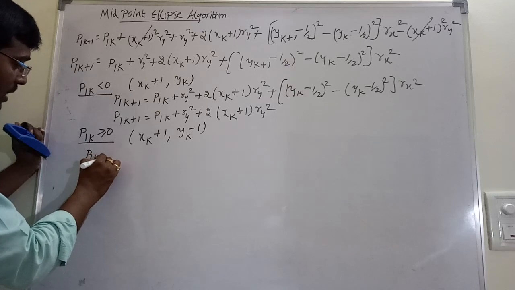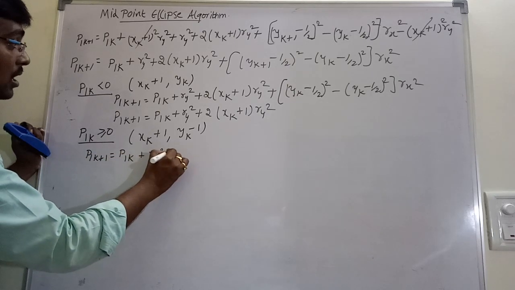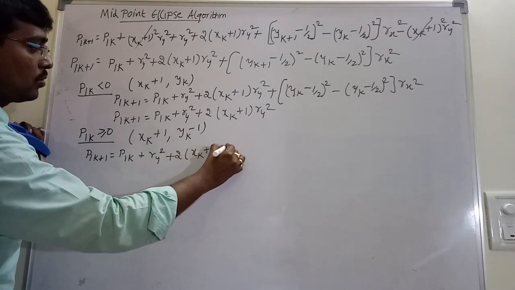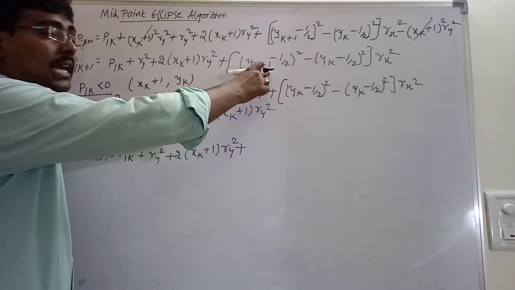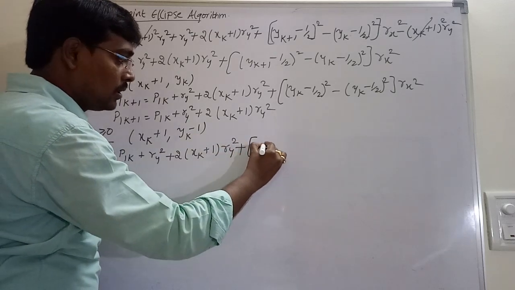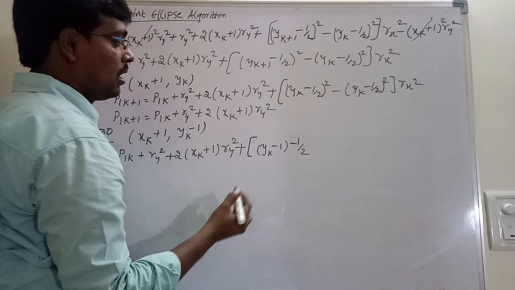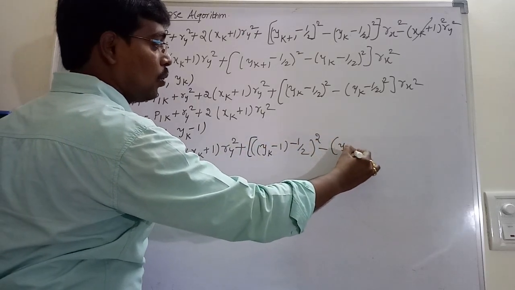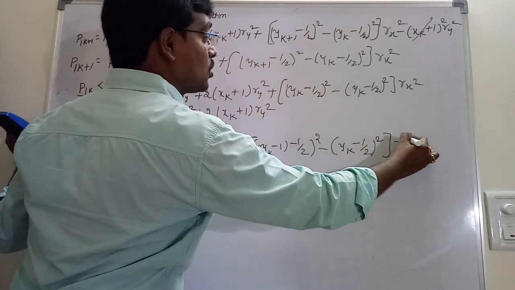So p1k+1 is equal to p1k plus ry square plus 2 into (xk+1) into ry square plus, in this term yk+1 is replaced with yk minus 1. That means (yk minus 1 minus half) whole square minus (yk minus half) whole square into rx square.